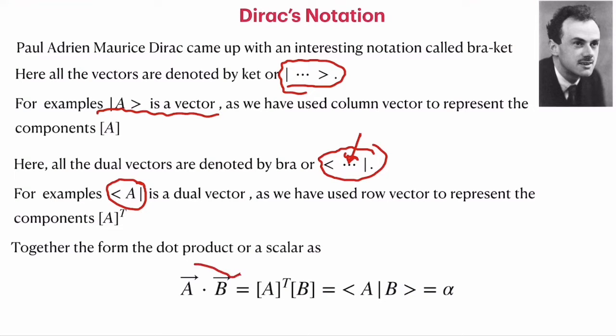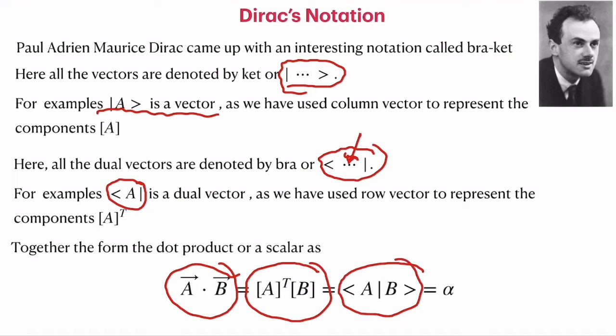In our vector notation, it is A dot B. In our matrix notation, it is A transpose B, and in our bracket notation, it is bra A, B ket, which gives you a simple number, and that is a dot product between these two vectors.